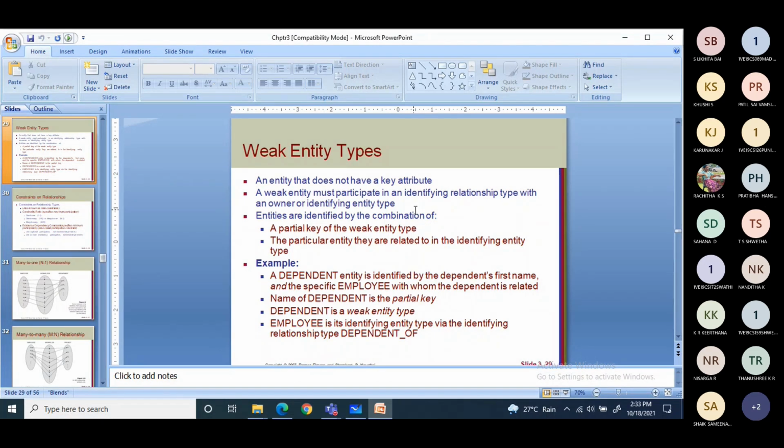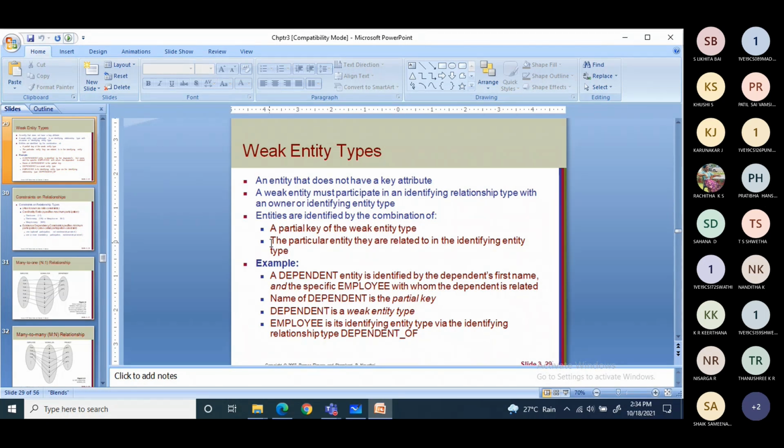A weak entity must participate in an identifying relationship type with an owner or identifying entity. Owner entity means the employee is the identity of a dependent. Entities are identified by the combination of a partial key of the weak entity type.